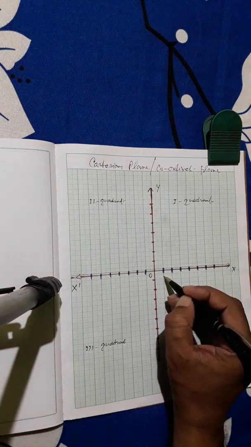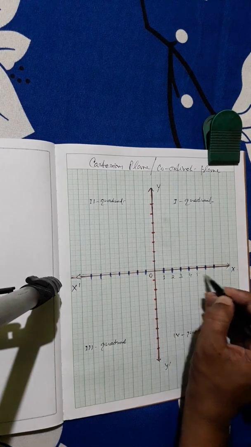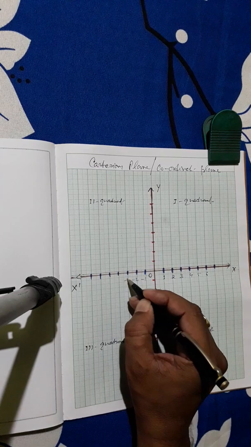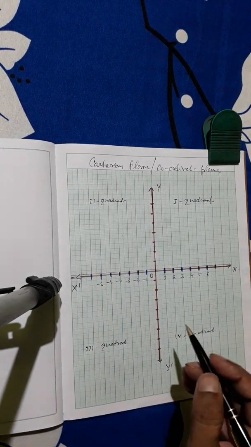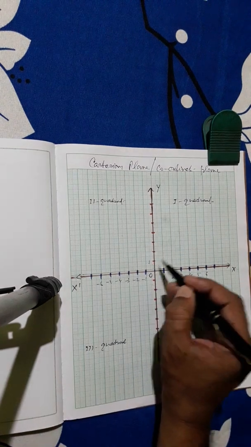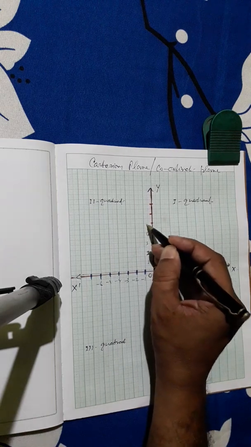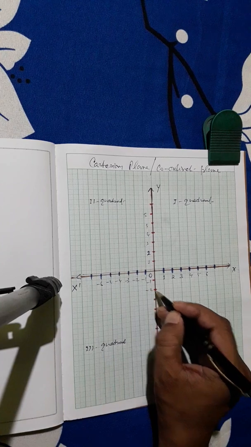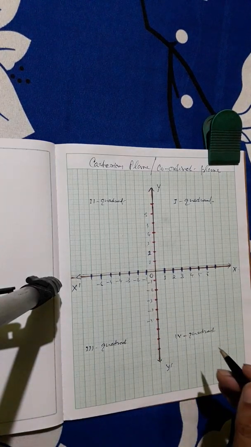Before that, 1 2 3 4 5 6, you see -1 -2 -3 -4 -5 -6, that is the left side. Exactly is just similar to the number line. Here in upper direction, 1 2 3 4. Similarly below, -1 -2 -3 -4 -5, and so on.